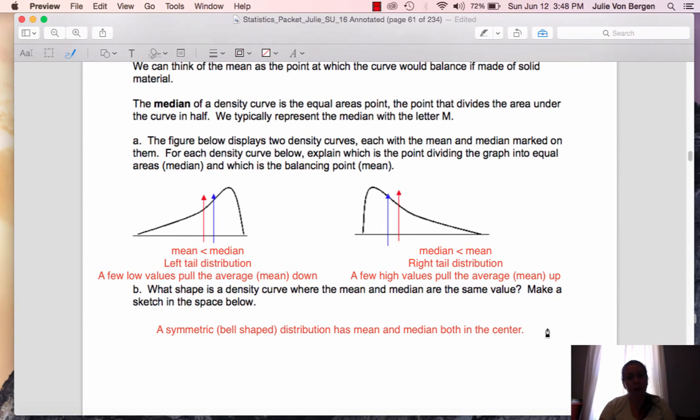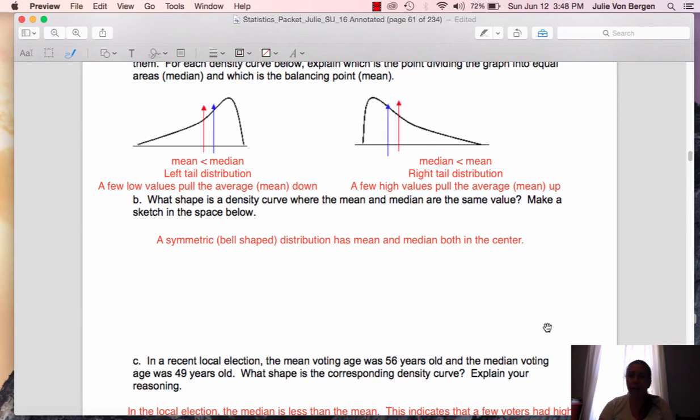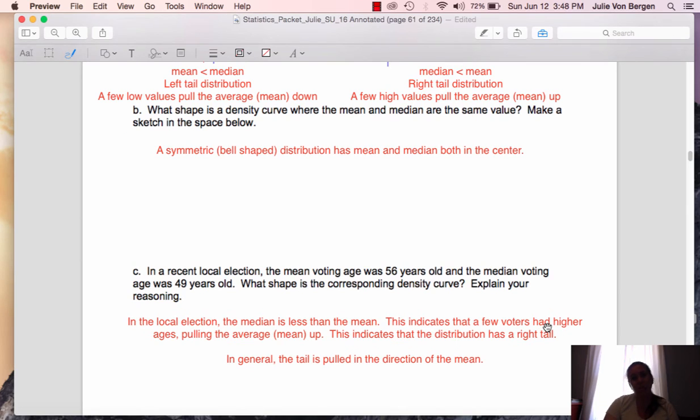Question B asks, what's the shape of a density curve where the mean and median are the same value? And it says, make a sketch in the space below. We know that's got to be where you don't have too much pull in either direction, so the tails are balanced. A symmetric or bell-shaped distribution has mean and median both in the center.